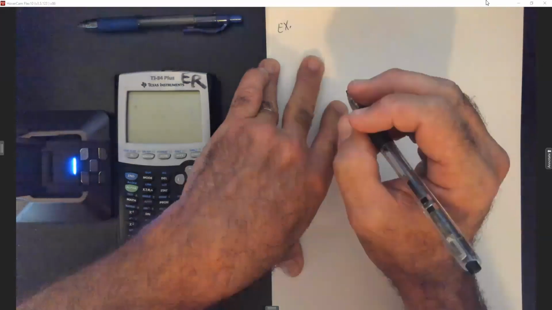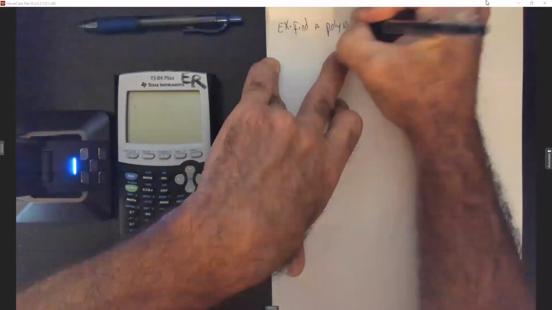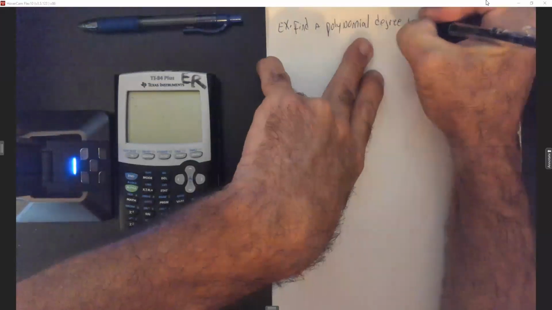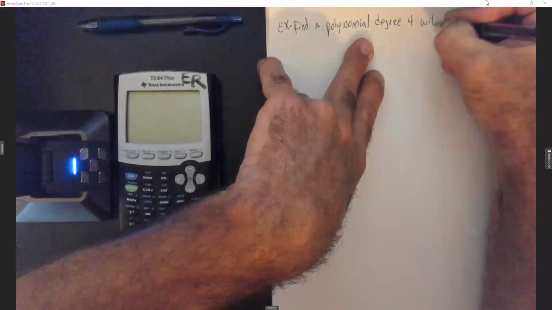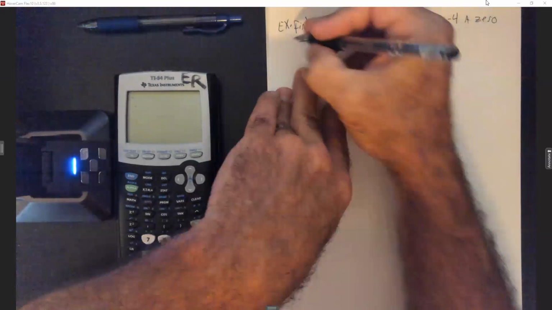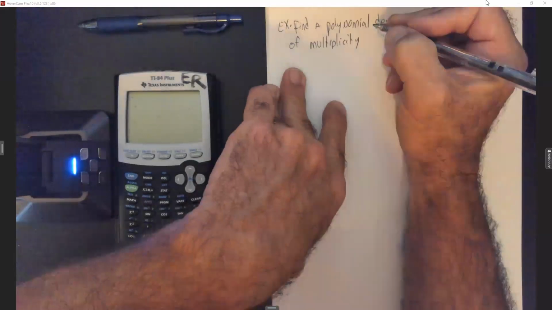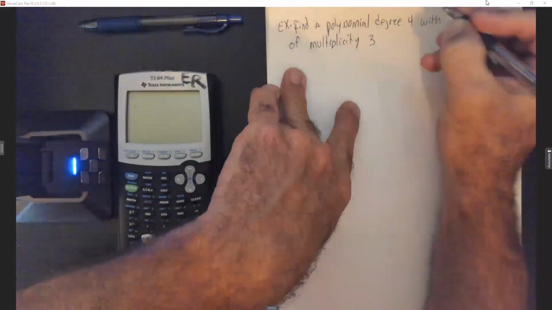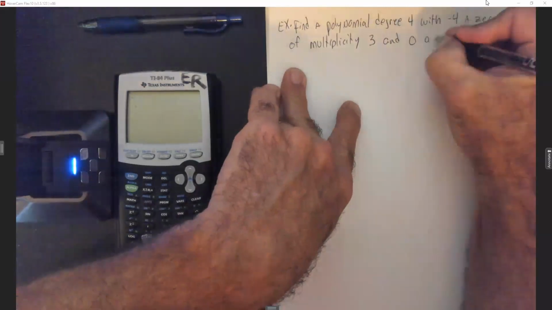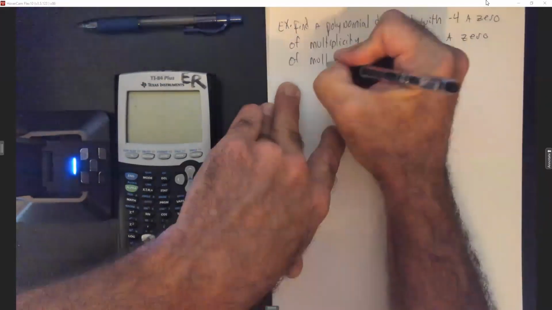They want me to find a polynomial of degree 4 with -4 as a 0 of multiplicity 3 and 0 as a 0 of multiplicity 1.